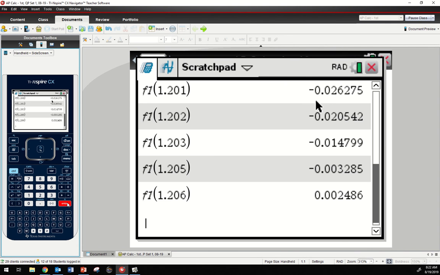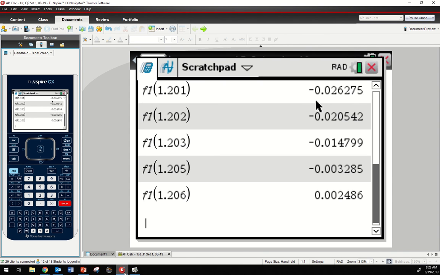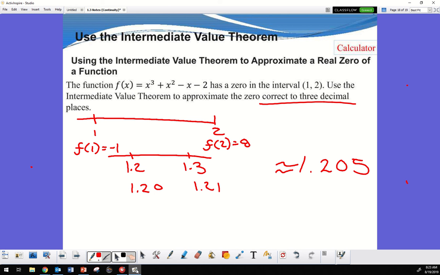And that's what it means by going 3 decimal points. Okay, correct to 3 terms. So 205. So it's going to be about 1.205. Because 206 goes too far, right? So 206 would be above it. So it's going to be between those two numbers. So that's what it means, correct to 3 decimal places.